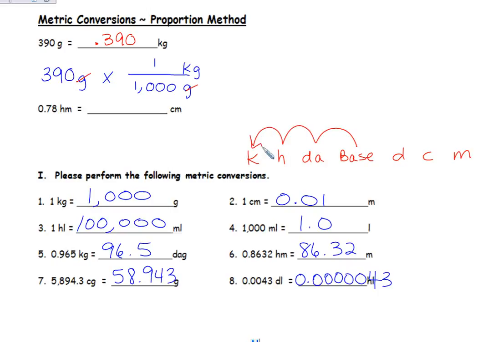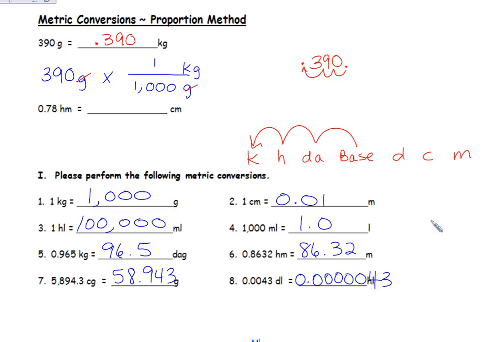Now again, if you had this original number as 390 and there's no decimal spot, you can add one right at the end. And then you'd go 1, 2, 3. There's your decimal. Same thing.